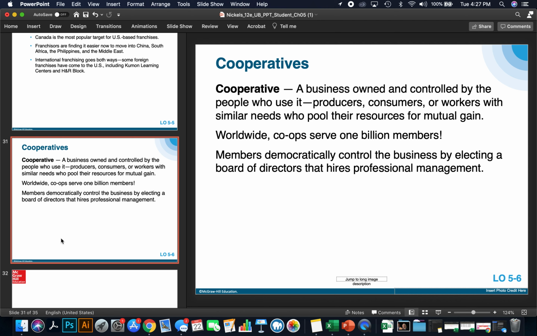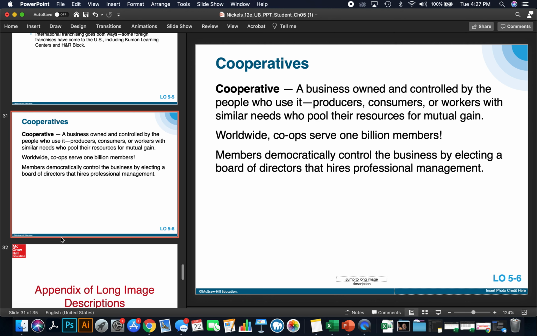Now, co-ops or cooperatives are businesses owned and controlled by the people who use it, producers, consumers, or workers with similar needs who pool their resources for mutual gain. Worldwide, co-ops serve 1 billion members, and members democratically control the business by electing a board of directors that hires professional management.